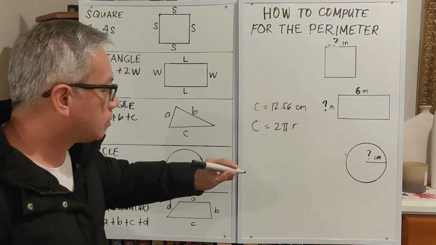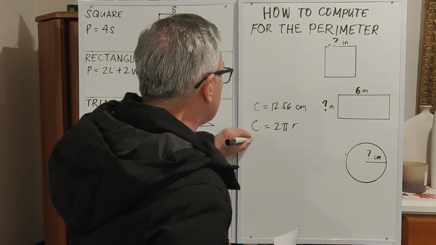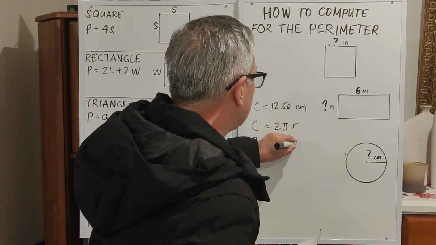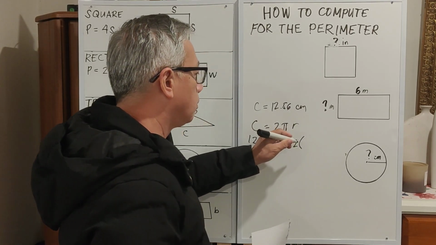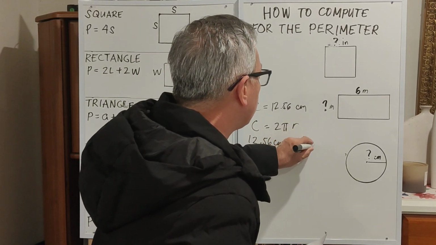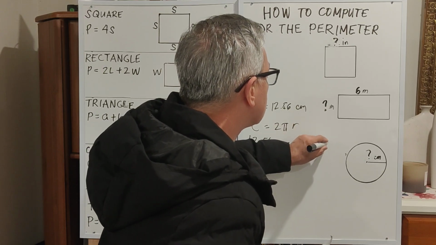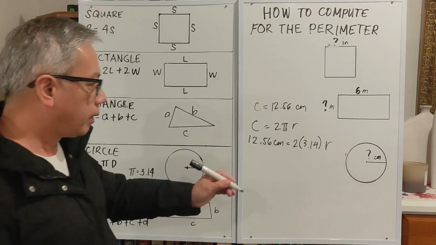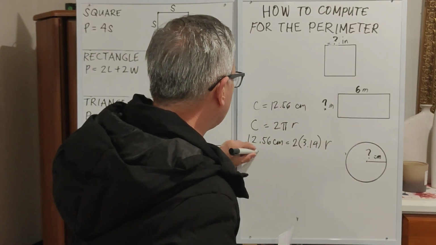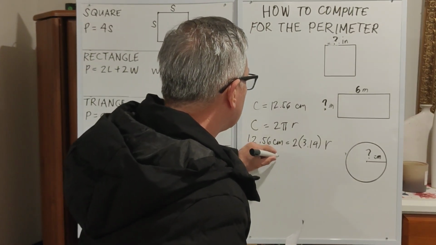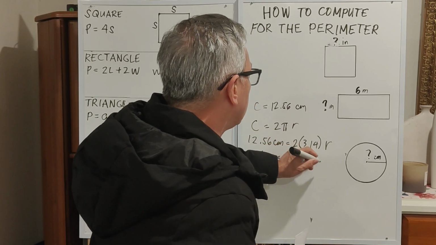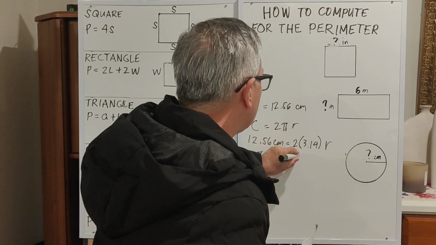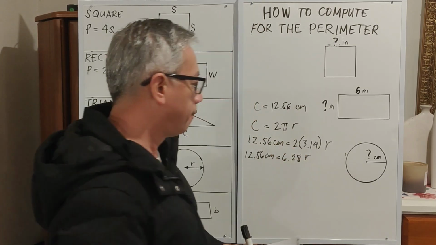We know C is 12.56 centimeters, so 12.56 centimeters is equal to 2 times pi, which is 3.14, times the radius, which we don't know yet. If we multiply this, it becomes 6.28 r.